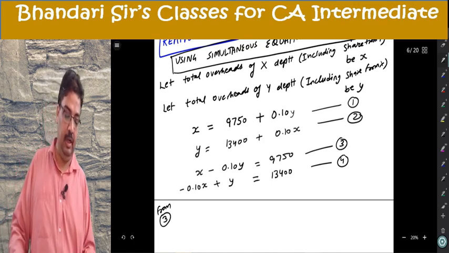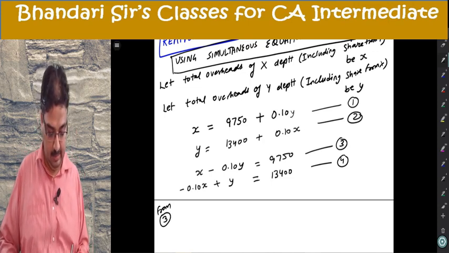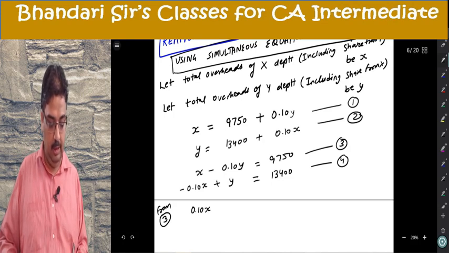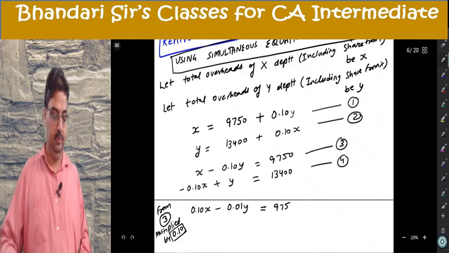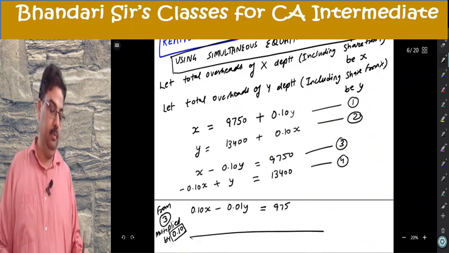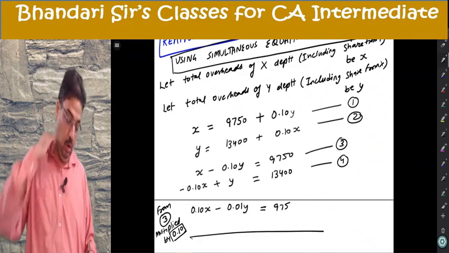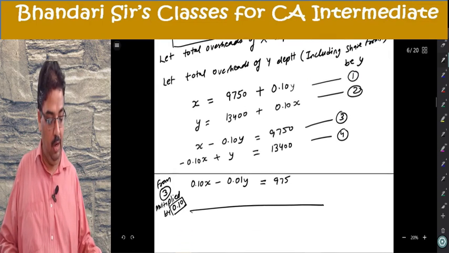From 3, if I multiply 3 by 0.10: 0.10X minus 0.01Y is equal to 975. Now I am getting them with the same coefficient. Add 4 and 5.